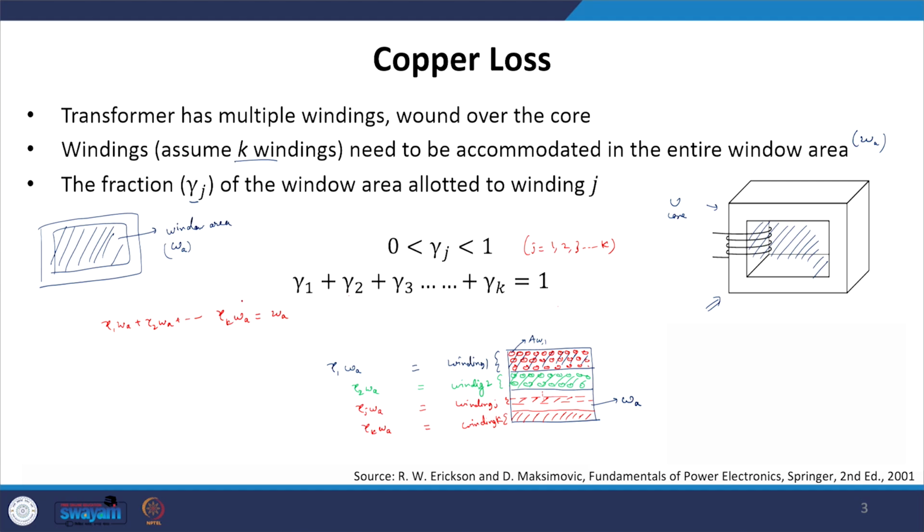So when we remove this WA term, it becomes gamma 1 plus gamma 2 plus gamma 3 up to gamma k, and that is equal to 1, which is what we have written over there. So gamma must satisfy two conditions. One is that it should be between 0 and 1, and the summation of all the individual gammas, that means the individual fractions of the window area allotted to individual windings, has to be equal to 1.